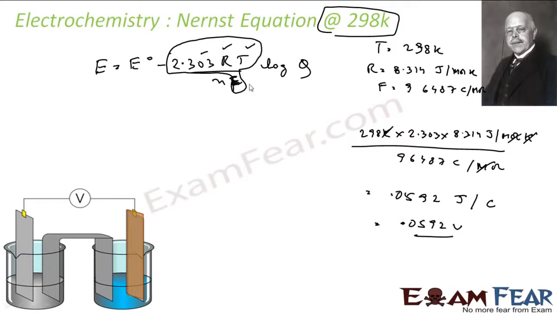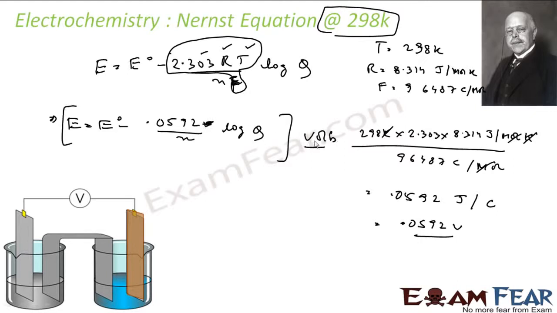Right, this is the value that comes out. So I can rewrite this as E naught minus 0.0592 volt by n log Q. The whole thing will be in volt. That is one way of writing this equation, because most reactions happen at 298. So instead of writing all the variables, we can simplify this equation. Please note, this equation is only for reactions happening at 298 Kelvin, that is room temperature, STP.